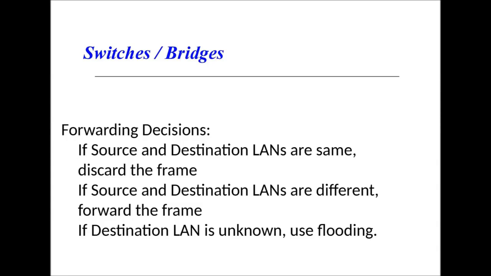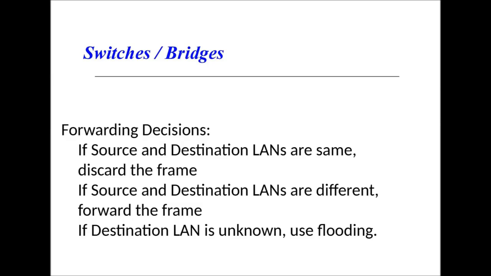Now we will discuss some points which are written in this slide. Point number 1. The switch learns MAC addresses by examining the source MAC address of each frame it receives. When a switch receives a frame from any device, that frame contains a header as well, and the source MAC address and destination MAC address are written in that frame.